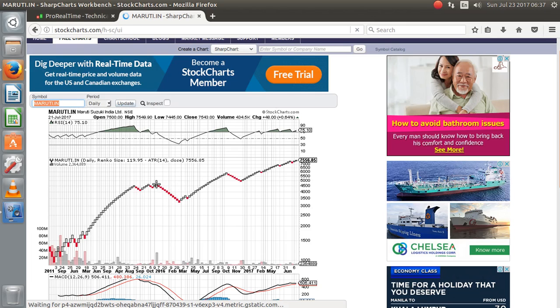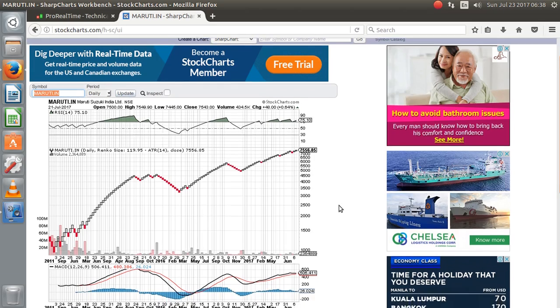This is a new peak, this is a new trough, and despite these 3 tiny blips here, this is an uptrend. So what's Maruti Suzuki doing? It's in an uptrend.